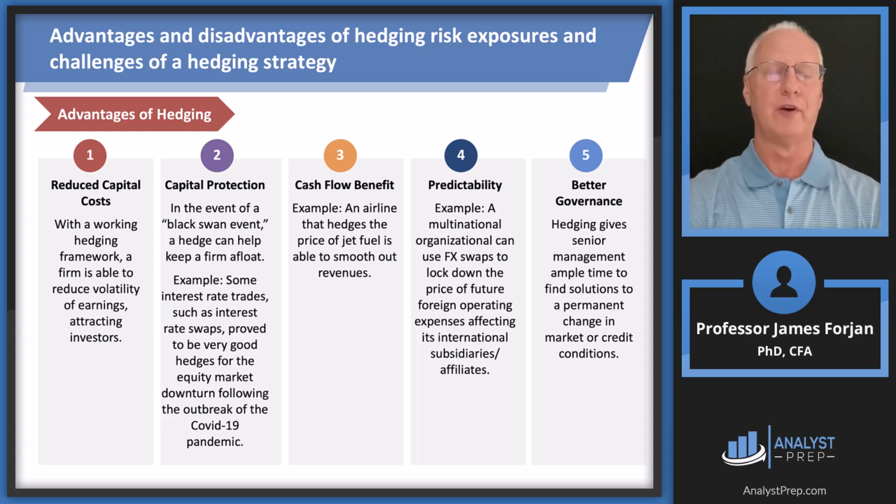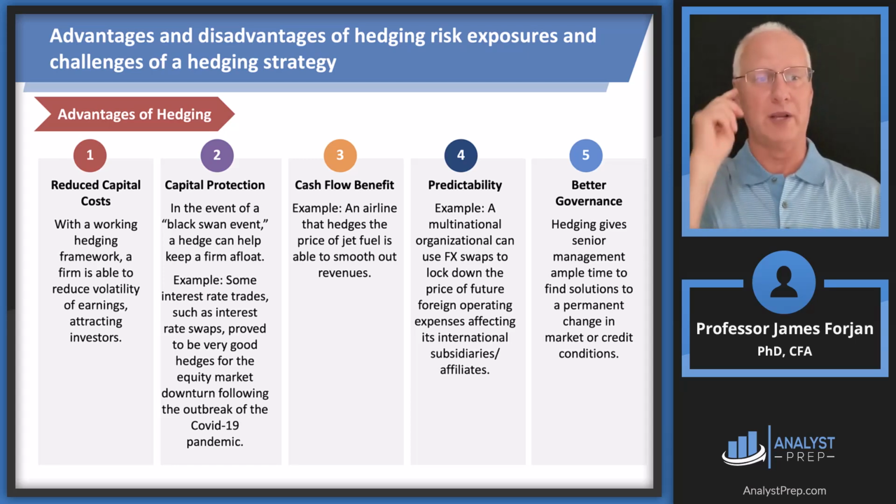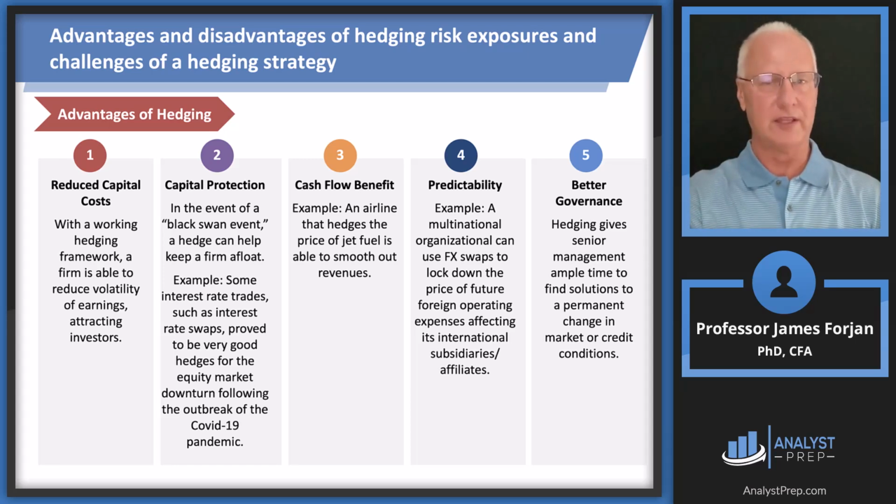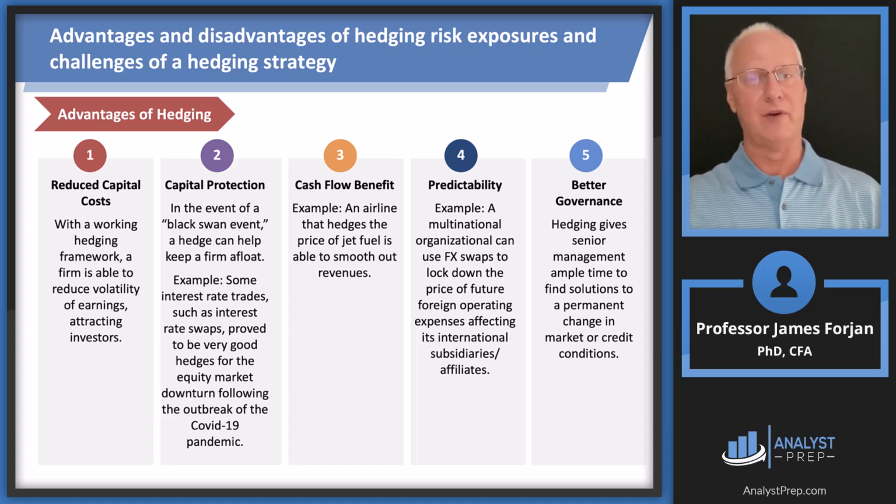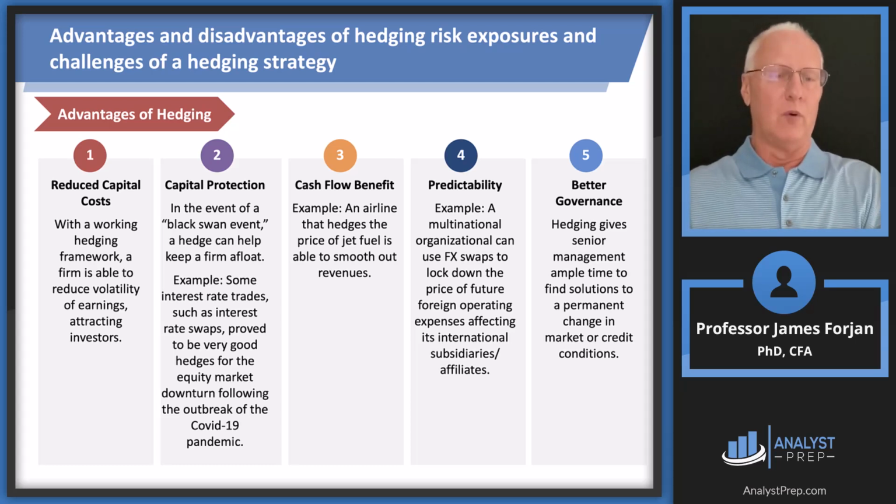Remember back in your very first corporate finance class, you learned that the goal of the business is to maximize shareholder wealth. And the first thing you learned was that firms do this by developing product lines that have sustainable and high operating cash flows. But another way that firms do this is by minimizing their weighted average cost of capital. The way GARP approaches this is that we're reducing the volatility of earnings.